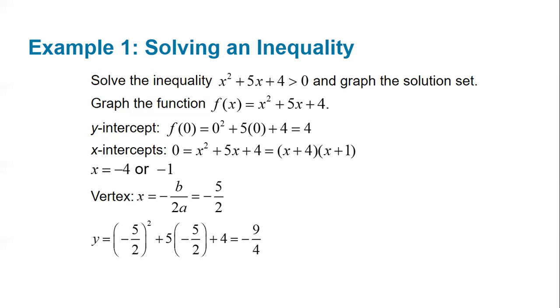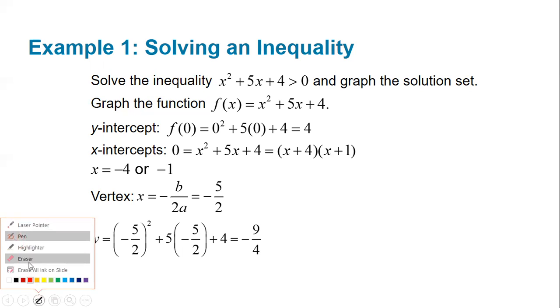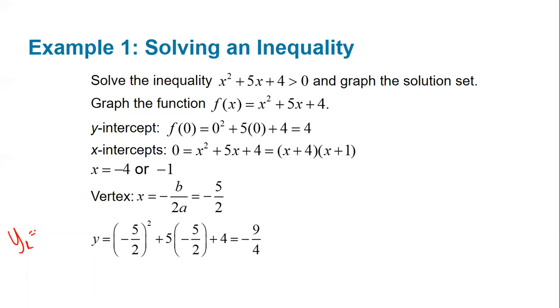If I'm not comfortable with fractions, I can use 4ac minus b squared divided by 4a to find my y value, my k, and I'm still going to get -9/4. Do that if you're not comfortable with fractions, because then the fractions will all work themselves out for you.